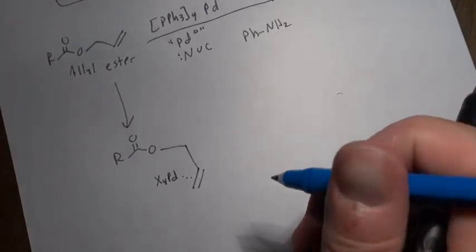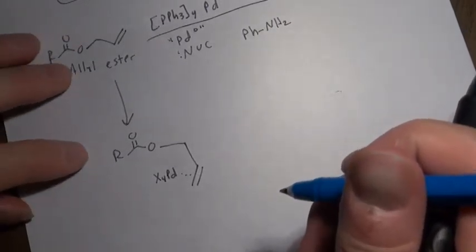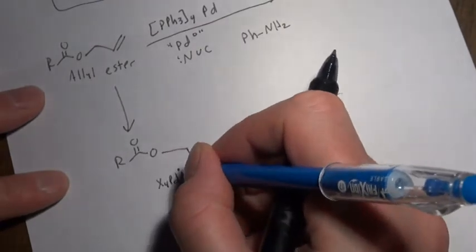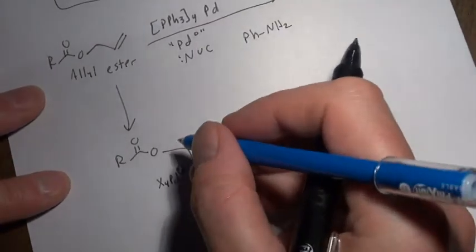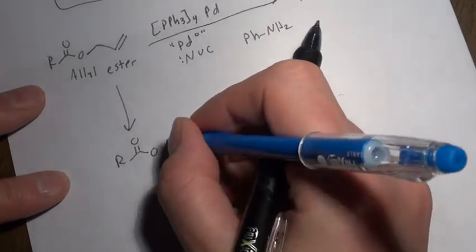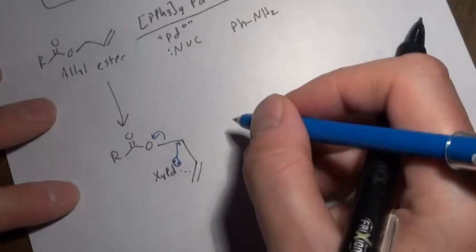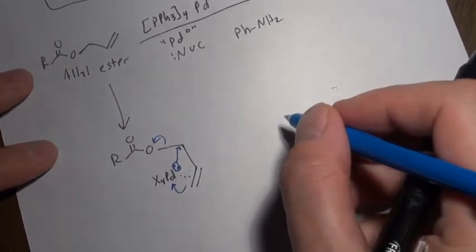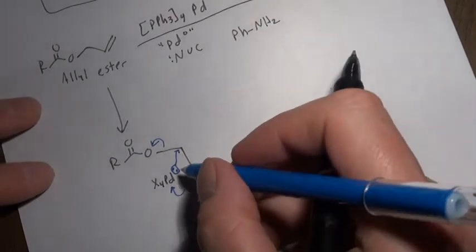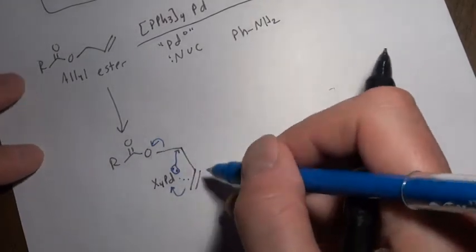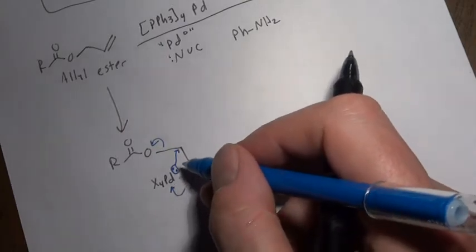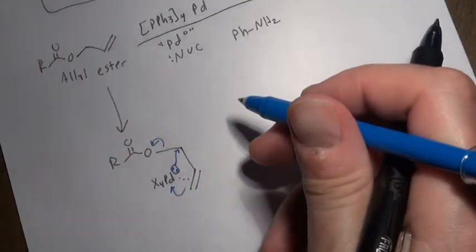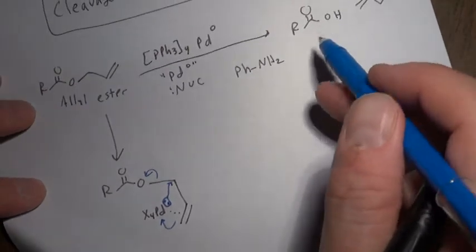So palladium sees the alkene, and what happens is a lone pair on the palladium attacks this position and kicks this off, while simultaneously the double bond on the other side attacks the palladium. So it's like 3 arrows, right? Palladium attacks the carbon, kicks this off. Double bond attacks palladium, and we have loss of the leaving group there, which is the carboxylic acid, right?